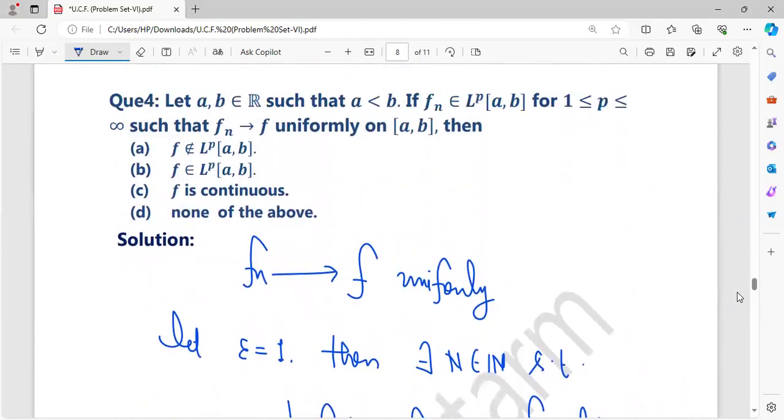You can deal with this case, p less than infinity. For p equal to infinity, you can check also. That is obvious, because fn minus f will be bounded, and fn is also bounded. The difference will be bounded, so it will belong to L infinity. You can check separately. I have checked it for p greater than or equal to 1 and p less than infinity. So option number B is correct.